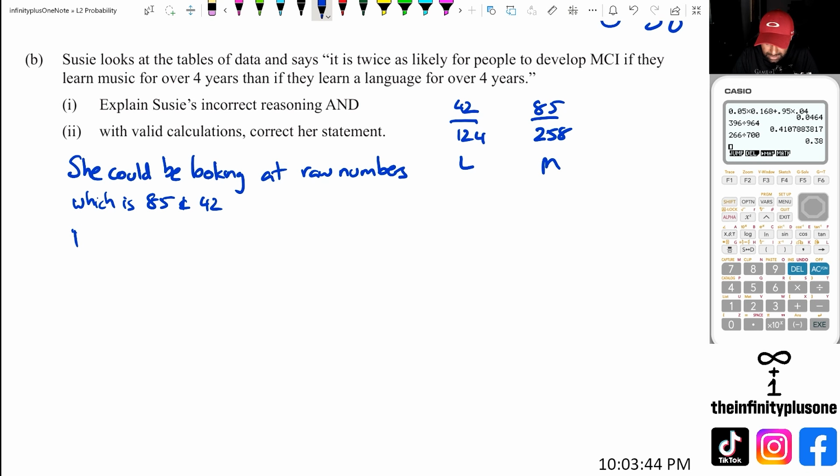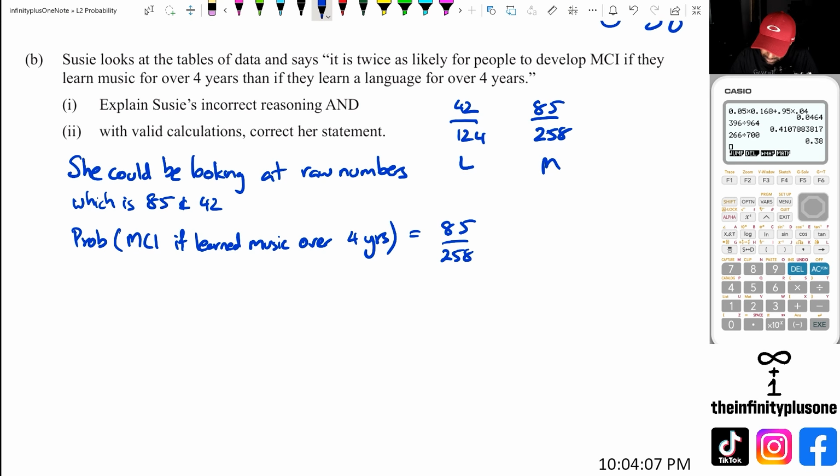But probabilities for MCI with music, if learned music over 4 years. So the music one was 85 over 258, which is, let me just have a look here, 85 divided by 258.